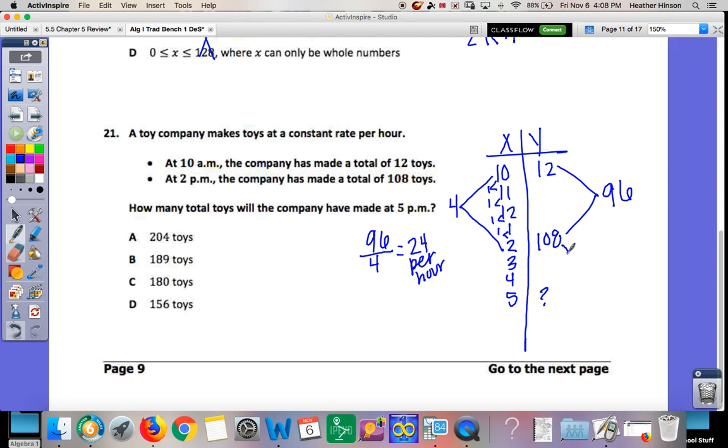So we need to count that 24 until we get to hour 5, to 5 p.m. So 108 plus 24 is 132, plus 24 is 156, plus 24 is 180. So it's going to be C. And again, if you find another way to solve this, that's fine. This is just what I think personally is the easiest way.